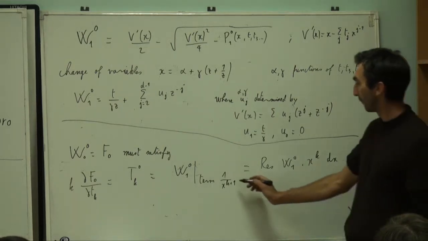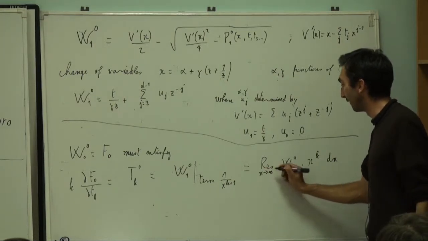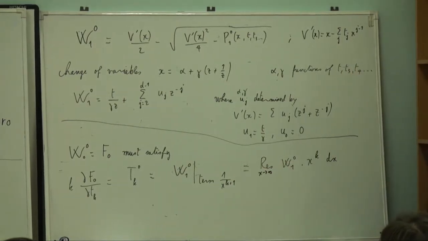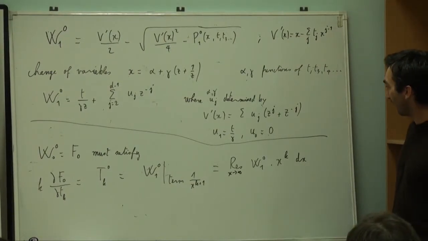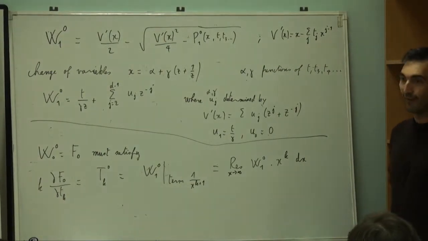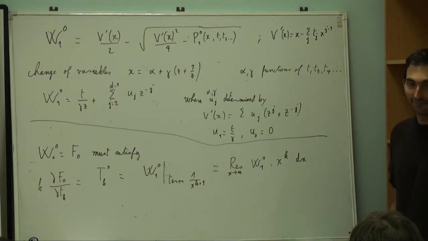The residue is computed in the large x expansion, so when x goes to infinity, it's a residue at infinity. And in fact, the residue of 1 over x at infinity is not 1, but minus 1. You can see it by changing x to 1 over x.